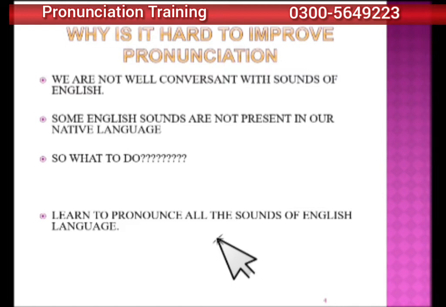CH, there is a combination of letters. Sometimes it gives the sound of K. Sometimes this combination of letters gives the sound of Sh. Sometimes it gives the sound of Ch. Now, if the word that has come over here in English has the origin of French, then this CH will give the sound of Ch.